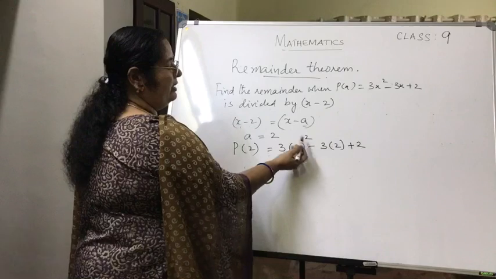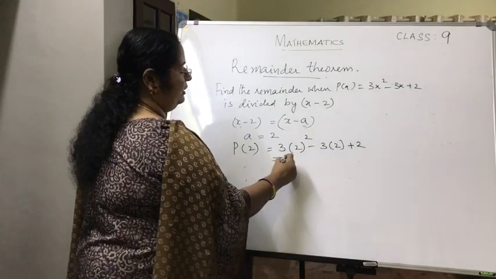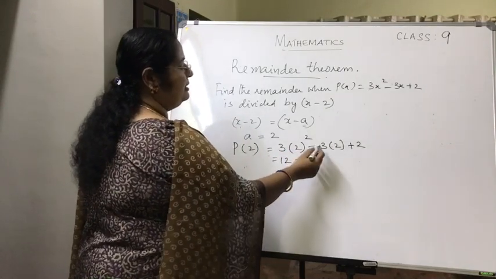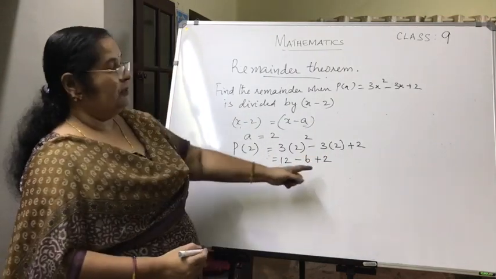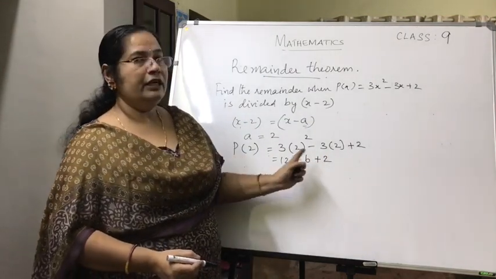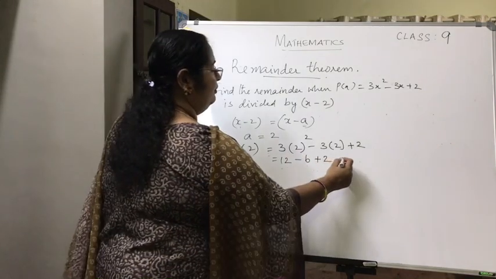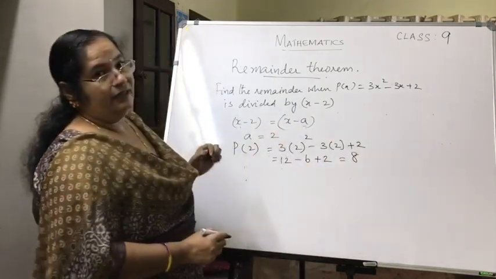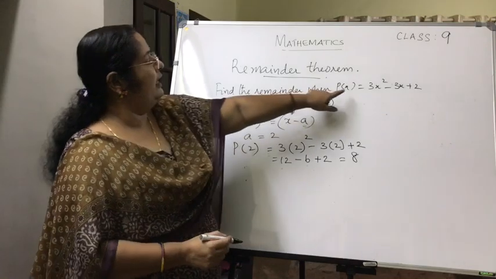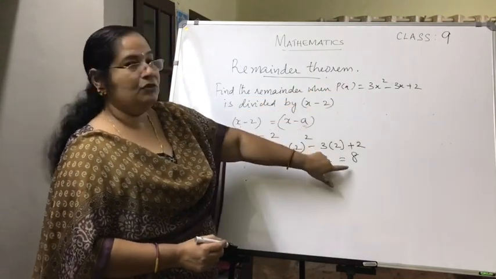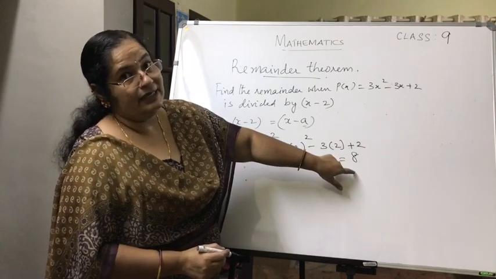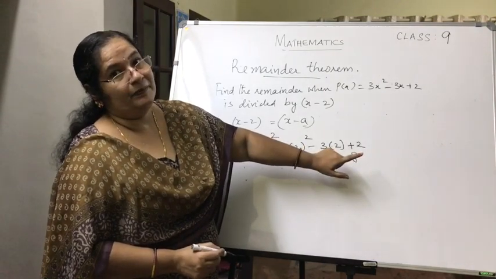So 2 square is 4, 4 into 3 is 12, minus 3 into 2 is 6, plus 2. Add the positive terms together, 12 plus 2 is 14, 14 minus 6 is equal to 8. So the remainder obtained when you divide P of x, 3x square minus 3x plus 2, by x minus 2 is 8.